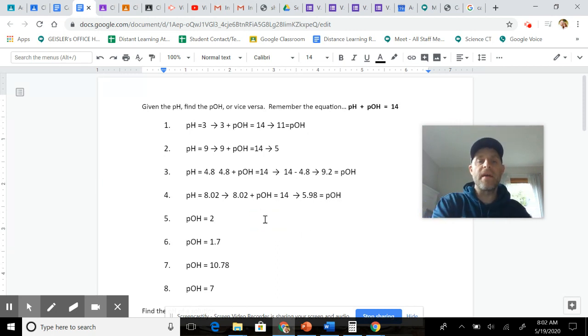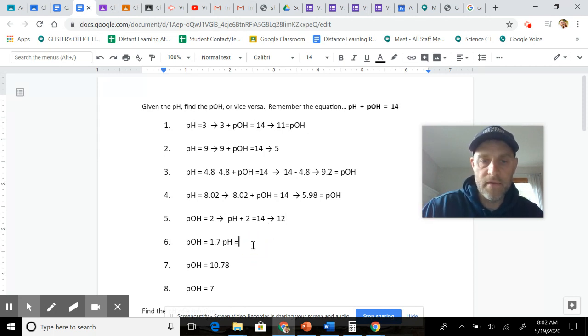Okay, well, what happens if I have the opposite? Now I have POH. Well, it's the same thing, right? I use the same equation. So here's the equation. pH plus POH, but now POH is 2, equals 14. So what plus 2 is 14? 12.